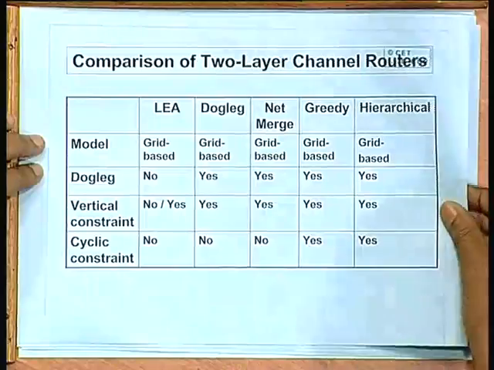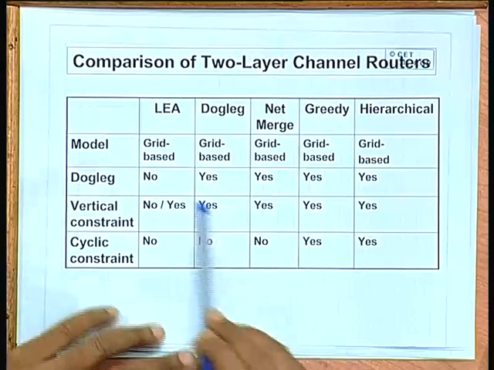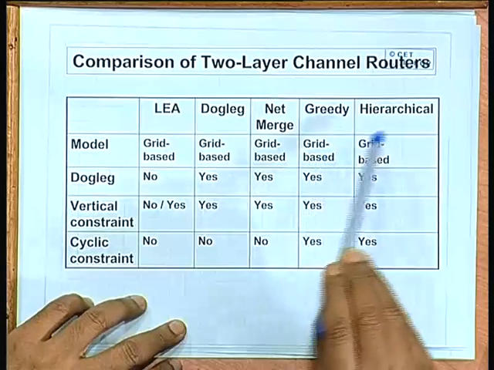But I am not going into the detail of the algorithm. If you are interested, these algorithms are available in the textbooks. But in fact, the hierarchical method or algorithm also can handle cycles in the VCG. It can handle such problems with doglegs.